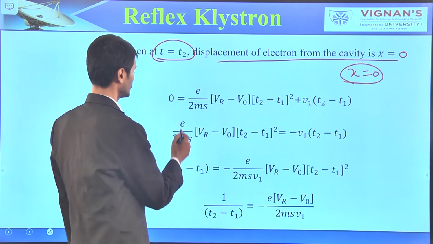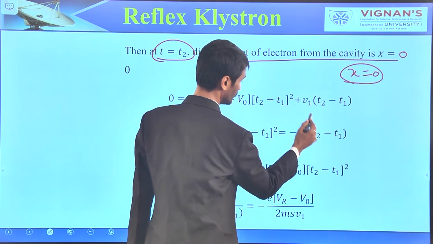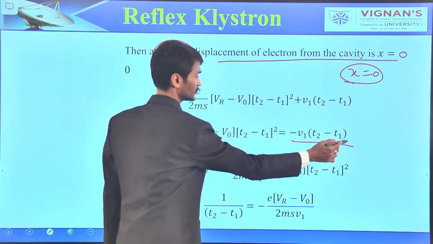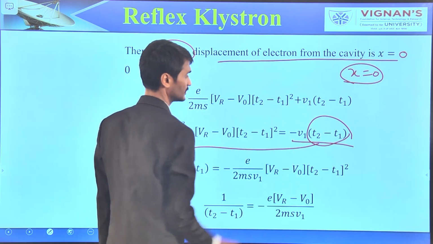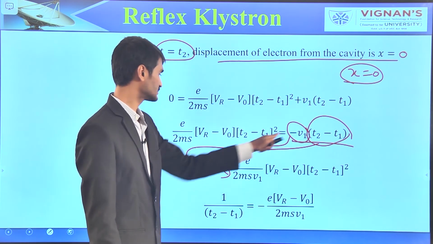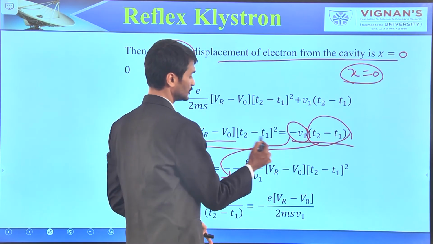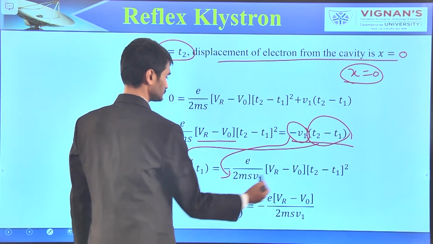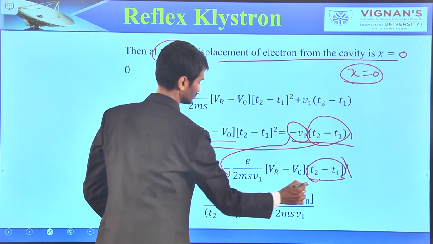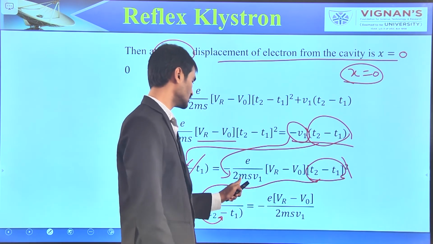Then E by 2 ms into (Vr minus V0) into (T2 minus T1) whole squared equals minus V1 into (T2 minus T1), taking V1 to this side. Then the (T2 minus T1) square gets cancelled with one factor, so 1 by (T2 minus T1) is equal to minus E into (Vr minus V0) by 2 ms V1.